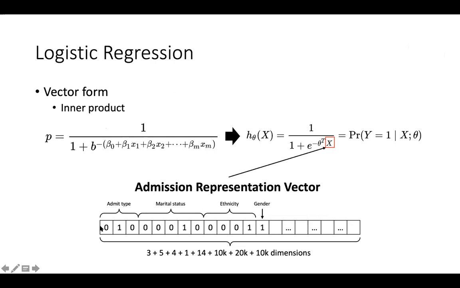Only one of the three admission type options can have the positive value, and all the others are zero. Same deal with marital status and ethnicity. For diagnosis codes, multiple things could have a value of 1, and all the others are 0. So basically, all the information here is discrete.